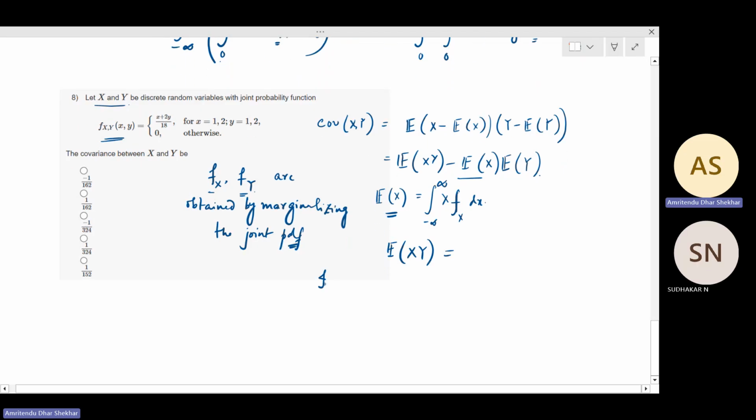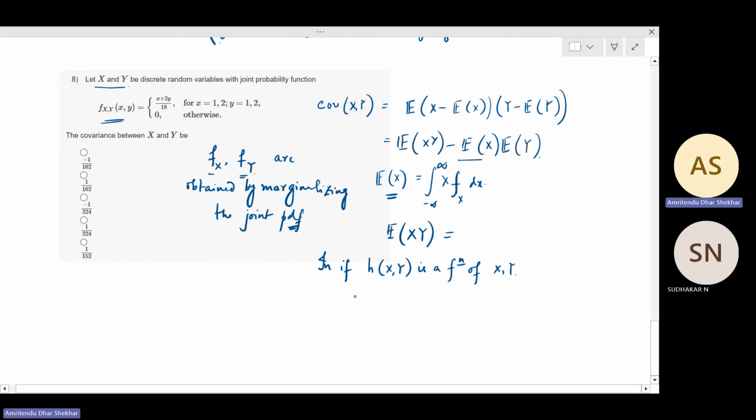In general, if we have a function h of x comma y of these two random variables, then the expectation of this function h(x, y) would just be equal to the integral from minus infinity to infinity of h of x comma y times this joint PDF.